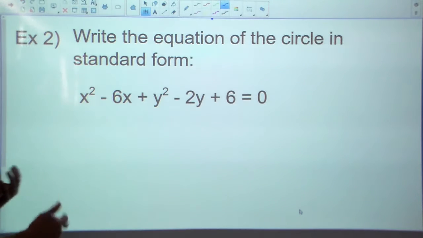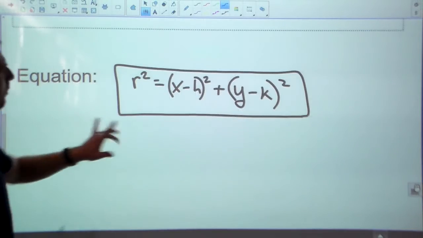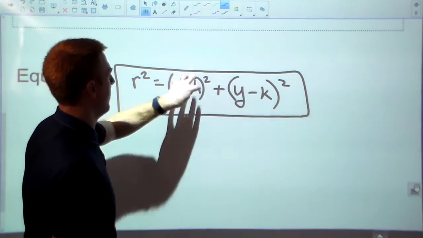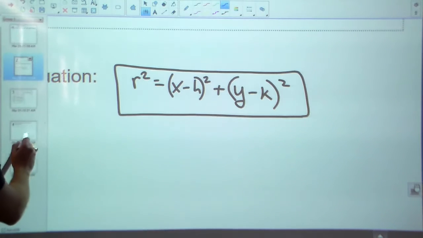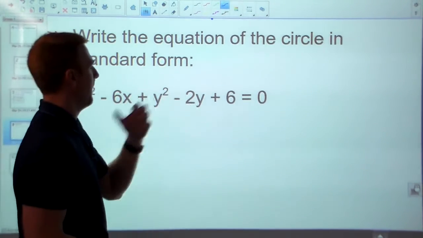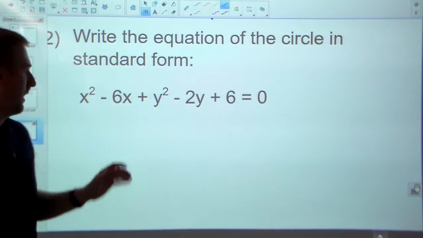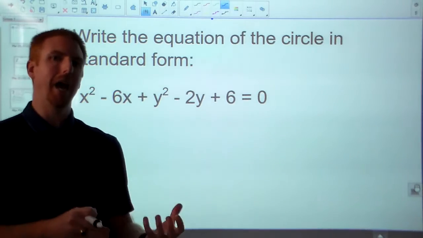Because if you think about the format of a circle, let me just jump back real quick here. If you look at the format of a circle, you want these things to be perfect square binomials. So if we jump back to this problem, we've got some pieces that look like they could make some perfect square binomials, because you've got x squared and x, y squared and y. We just need to make that happen.